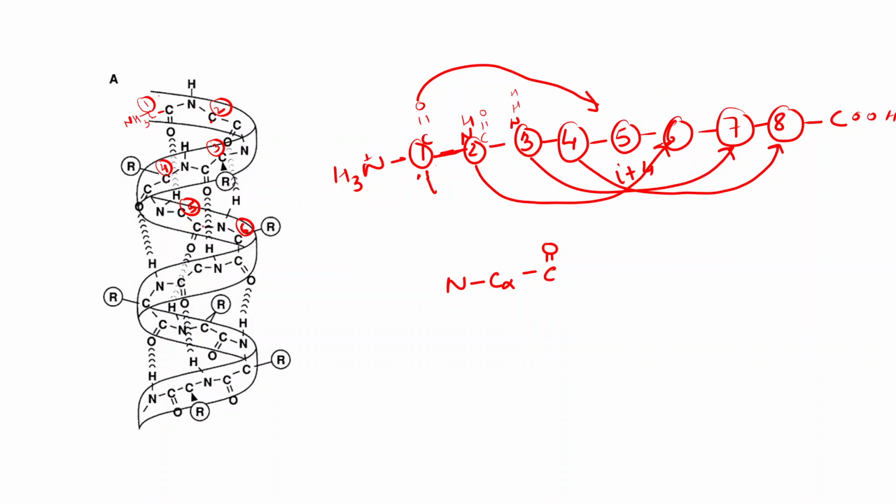So if you see, some of the amino acids that are in between will be involved in making the hydrogen bond with both the carboxylic group and the nitrogen group. For example, this sixth amino acid comes in between, right?